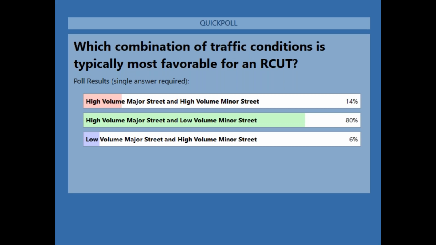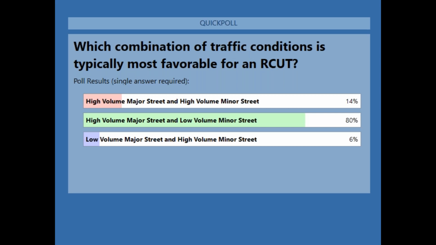And the diagram you're seeing here comes from the Federal Highway Administration's informational guide on R-CUTs. And there's nothing magical about these volume thresholds, but these are guidelines. So up to about 5,000 cars a day, so an average daily traffic of about 5,000, a minor street can operate unsignalized.